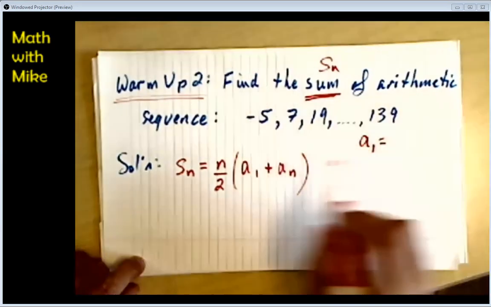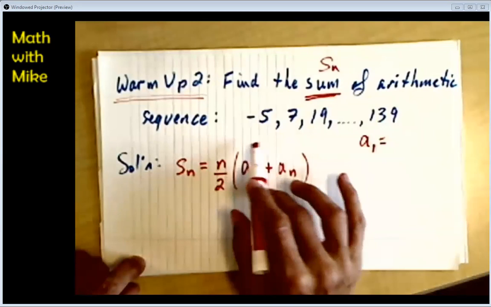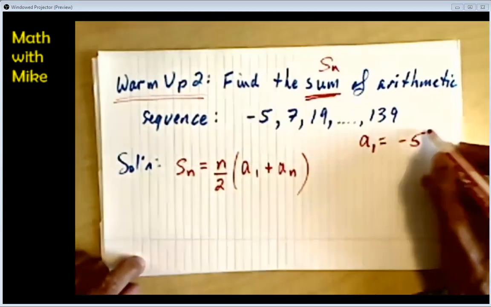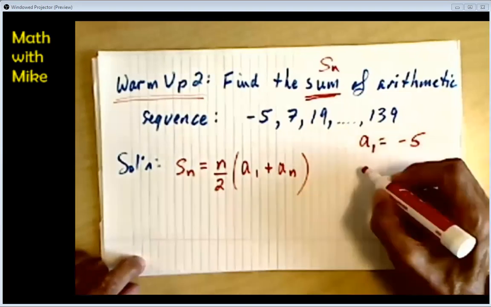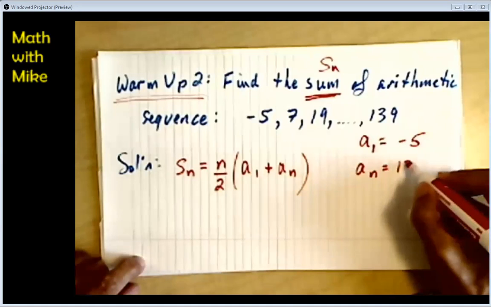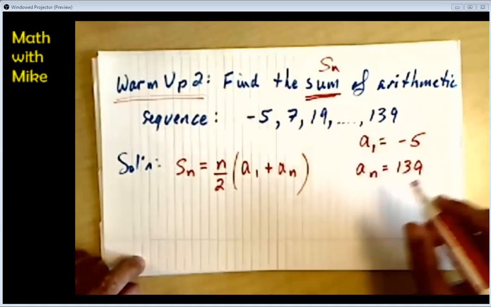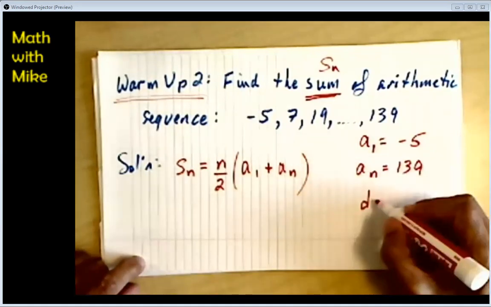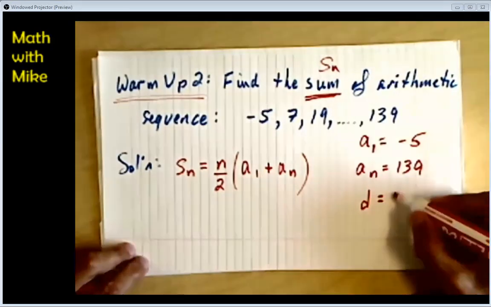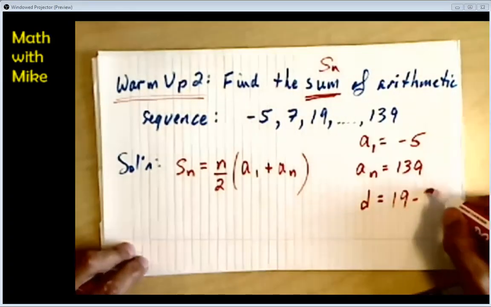Okay, so a1 is going to equal how much? Minus 5. That's clear from the work on the board. We've got an, 139. With the little side calculation, what do we get for d? Yeah, 12 it is. I'm going to go easy on my brain and go 19 minus 7.